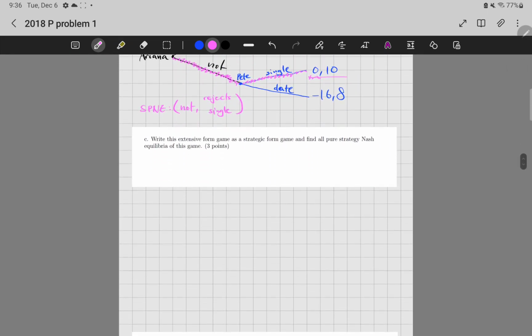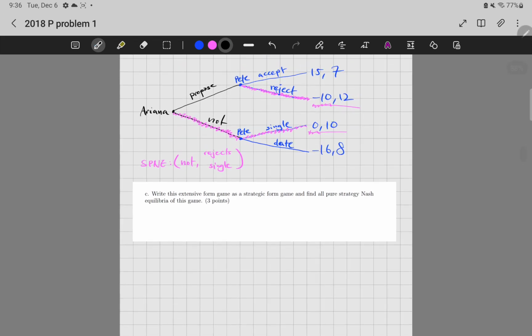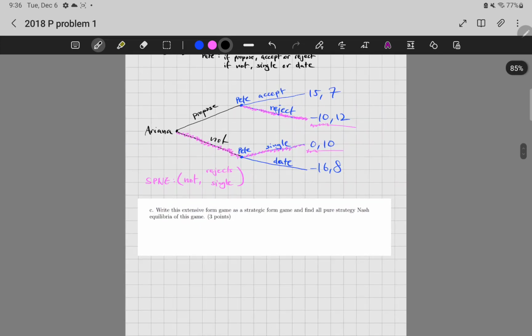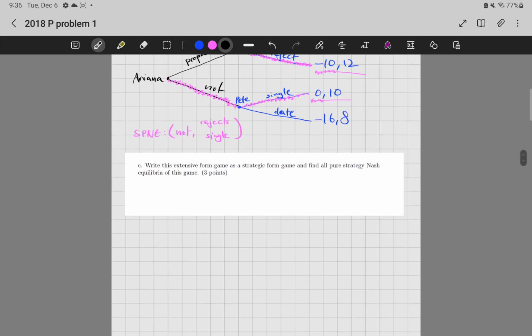Section C wants us to write this extensive form game as a strategic form game and find all pure strategy Nash equilibria of this game. Now, we just use the same method that we use to find the subgame perfect, the strategic form game in section A, but because we are transcribing the extensive form game to a strategic form game, there will be some differences.